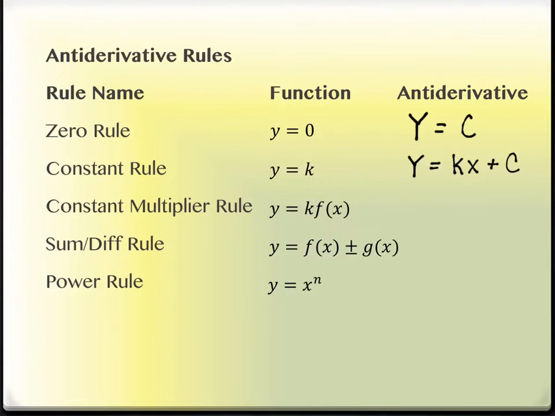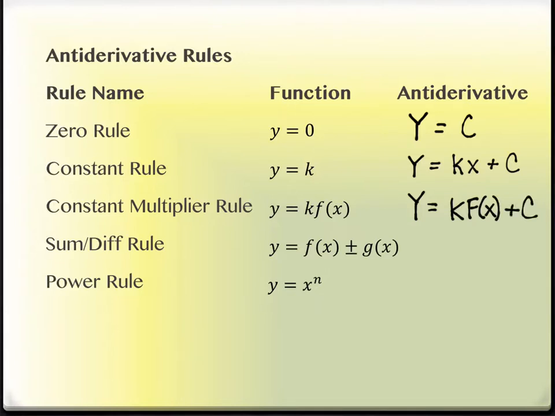Now, the interesting thing that happens with constant multipliers and sum and difference rules is that I apply them in exactly the same fashion. So just like with the constant multiplier, the constant just came along for the ride. When I go backwards, it comes along for the ride as well. It just continues on, and so the k is going to stay the same. And then I take the antiderivative of the other piece. So this is the capital F of x.